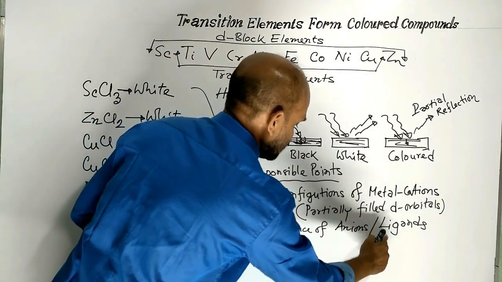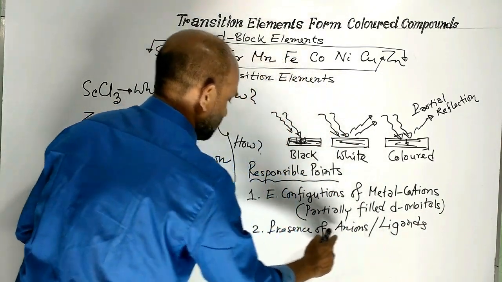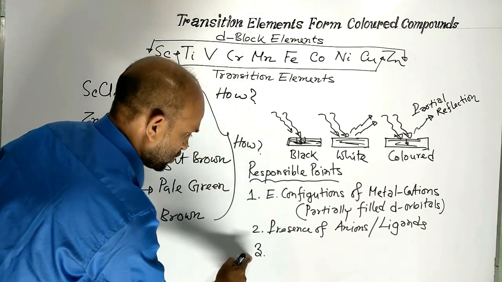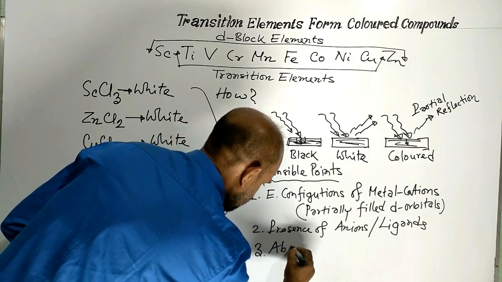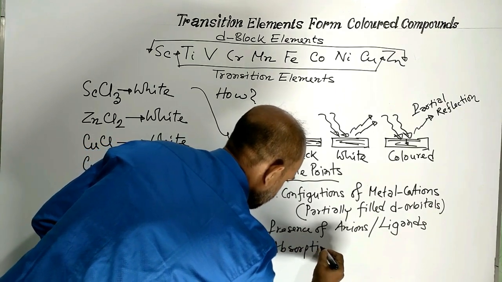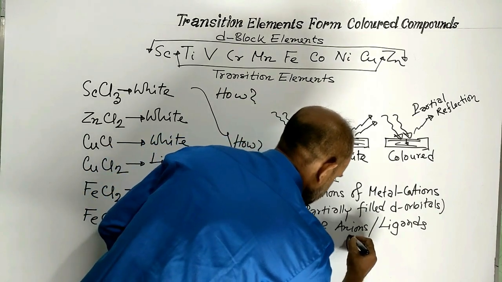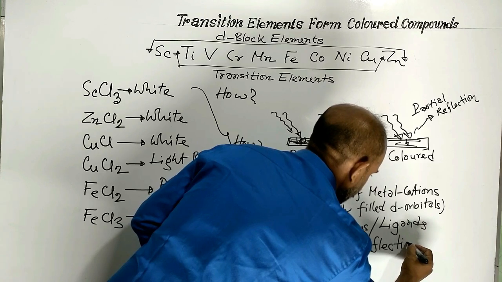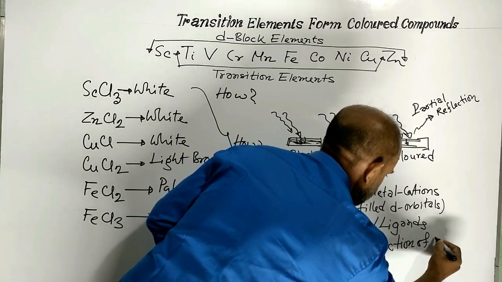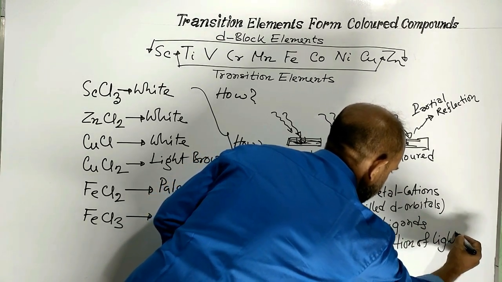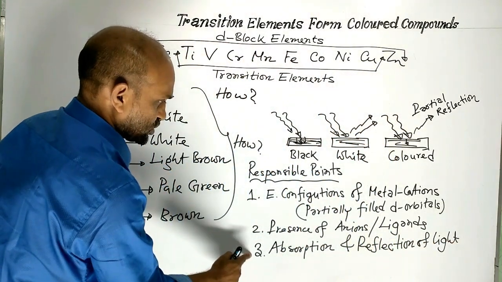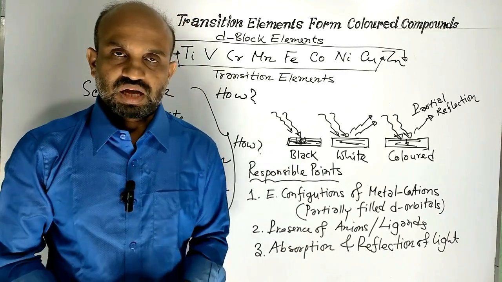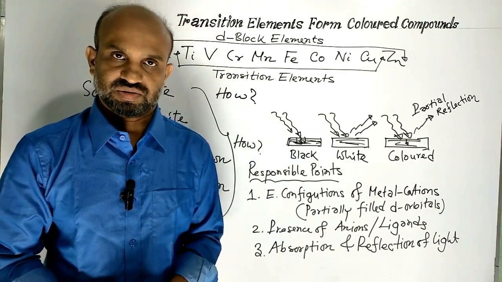Point number 3 is absorption and reflection of light, or absorption and reflection of radiation.